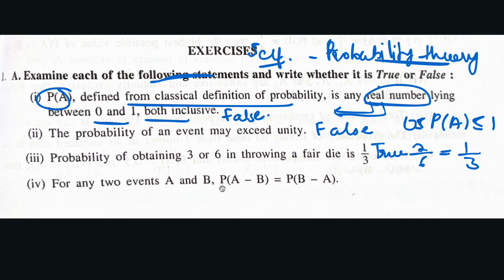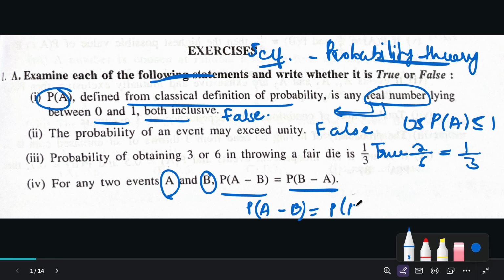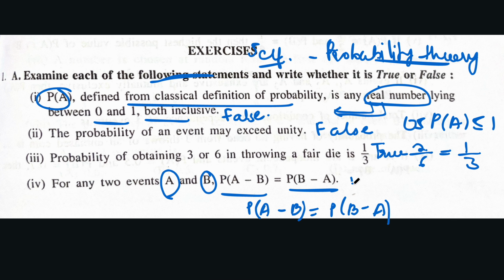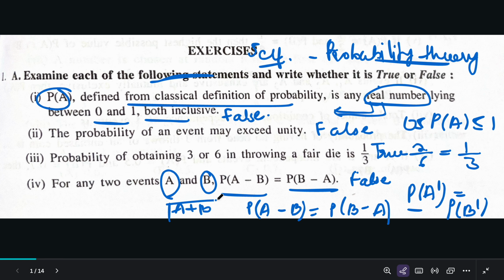For any two events A and B, probability of A minus B is equal to probability of B minus A. I think this would be false, because that would mean probability of A complement equal to probability of B complement, which should not be true, assuming A and B are not the only things in my sample space.